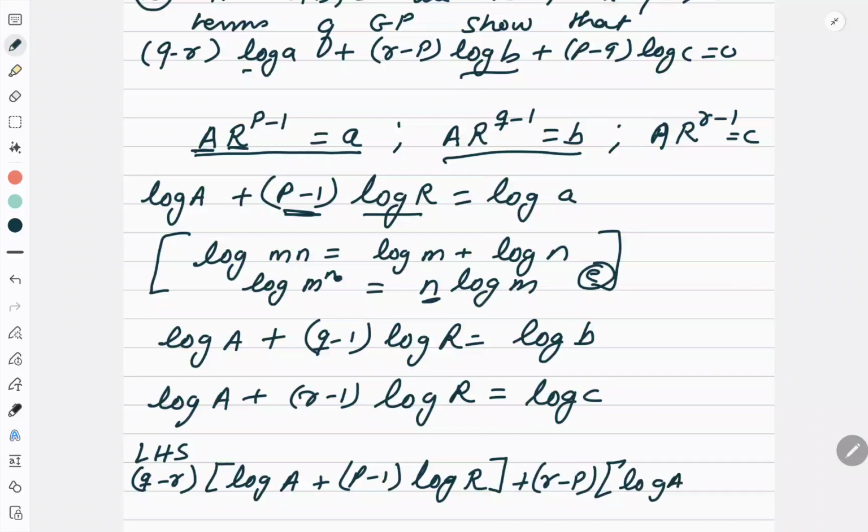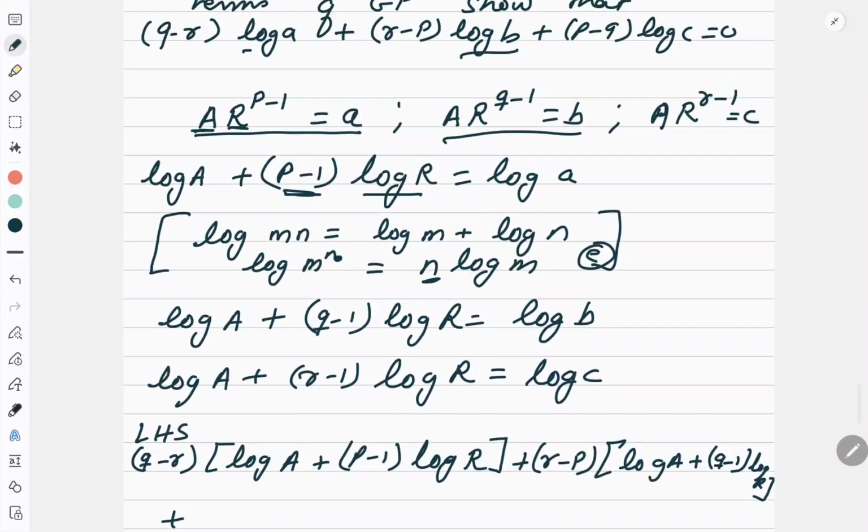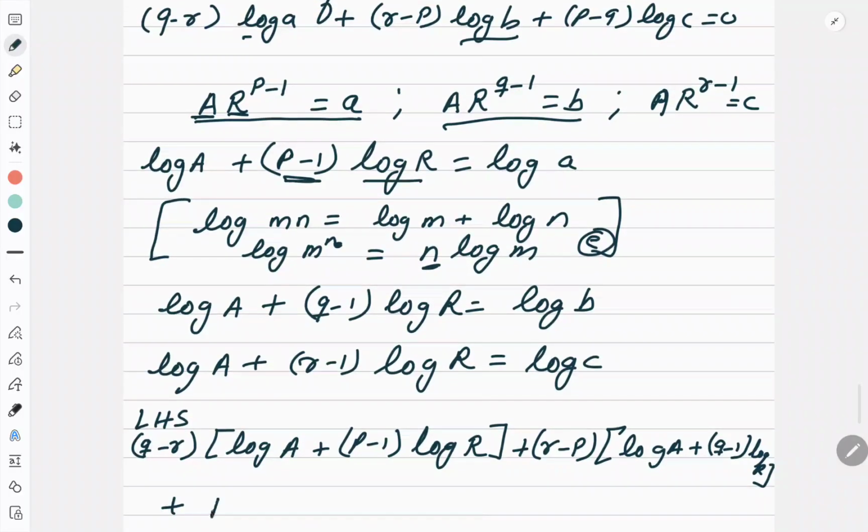Log A plus Q minus 1 log R. Plus, the third term is P minus Q log of C. Log of C is what? Log A plus R minus 1 log R. I just substituted the values.